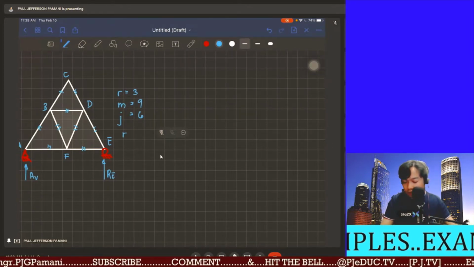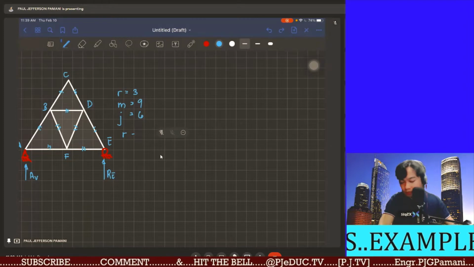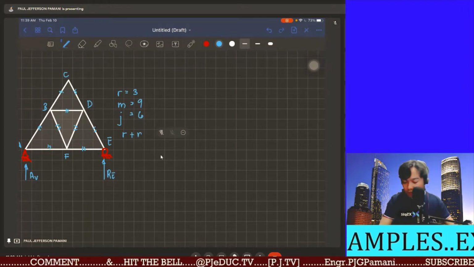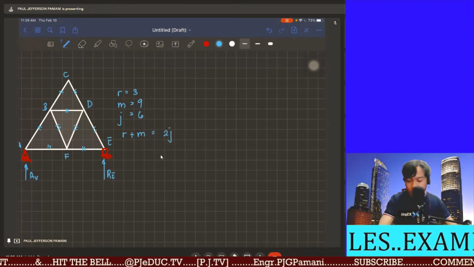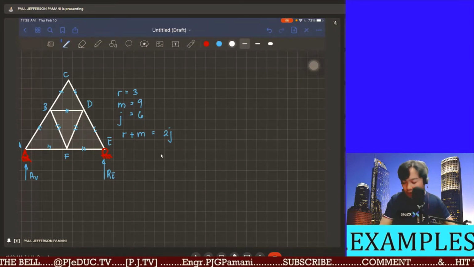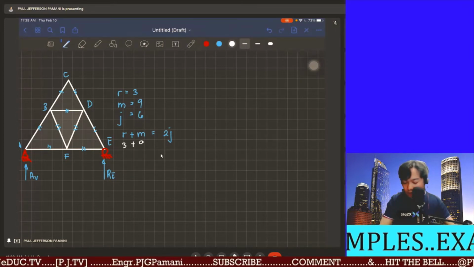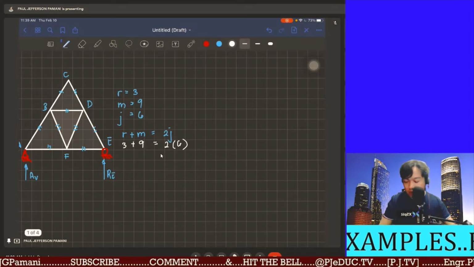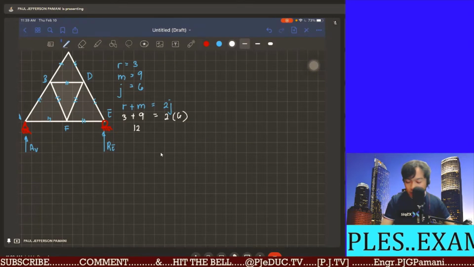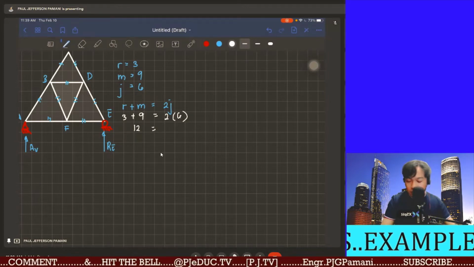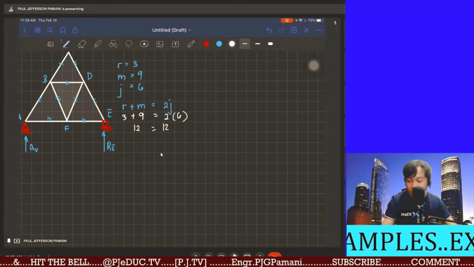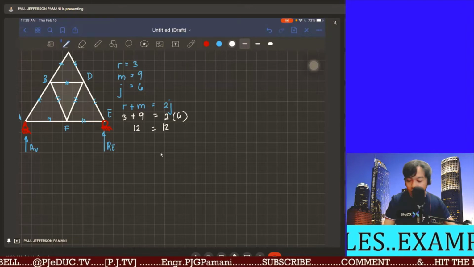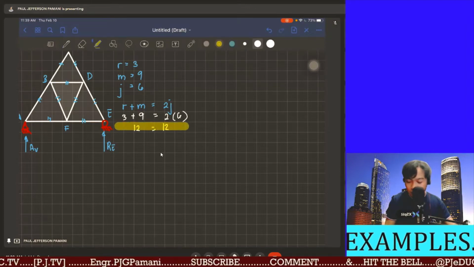Then, using our formula, R plus M is equal to 2J. Substituting all known values: 3 reactions, 9 members, and how many joints? Those are 6 joints. So basically, 9 plus 3 is 12, and 2 times 6 is 12. That is also a what?